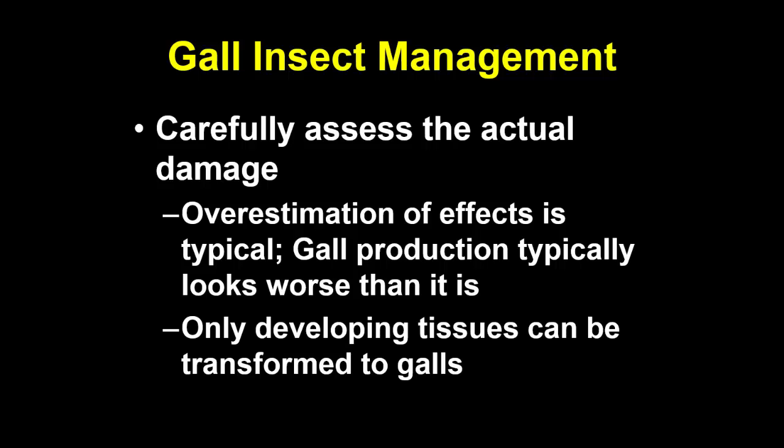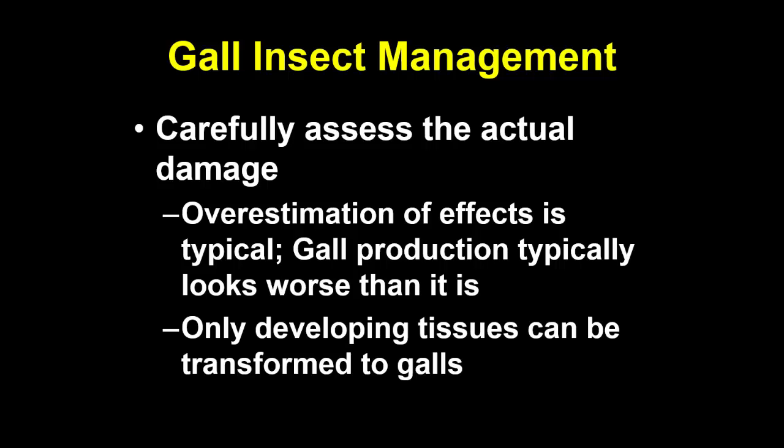It is also important to remember that only developing tissues can be transformed into a gall. And this often comes up when somebody has a concern about a certain number of galls they might see on a plant, and their concern isn't that a whole lot of the plant is affected at this point, but will it spread? And the way you can answer this is that it cannot spread to any of the leaves that are already out.